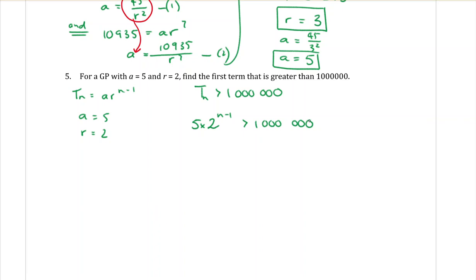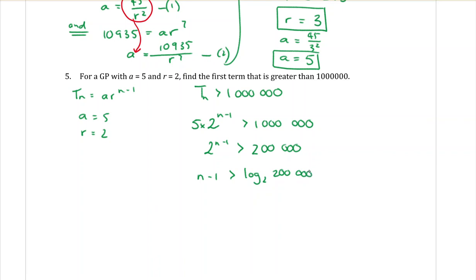So that will be 2 to the power of n minus 1 is greater than 200,000. Okay, so you could try and get 200,000 with a base of 2, but that's not going to come out very nicely. So instead we're going to do a sliding base. We're going to keep the n minus 1 here on the left, slide the base 2 across, so log base 2 of 200,000.